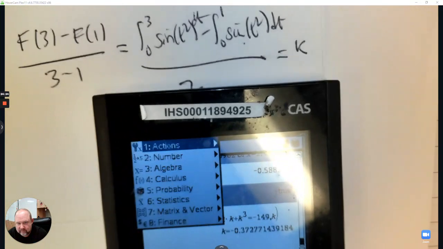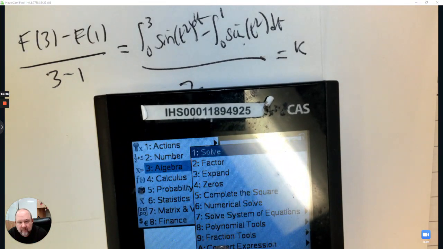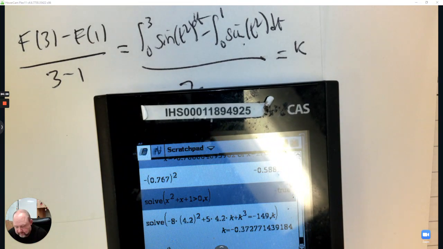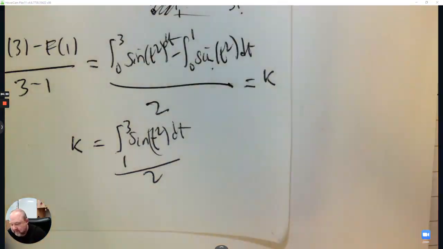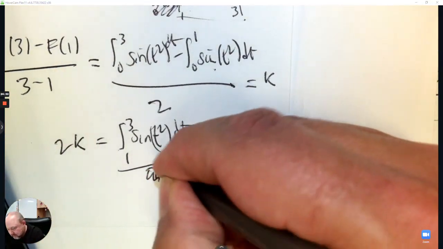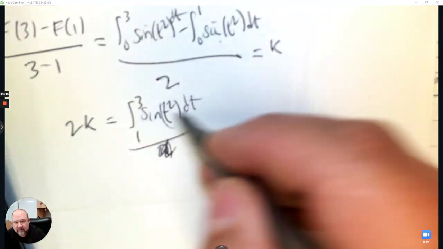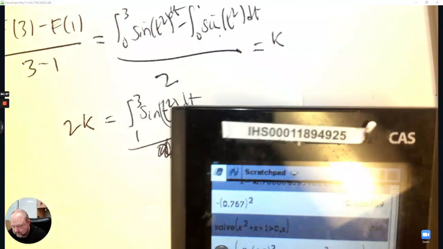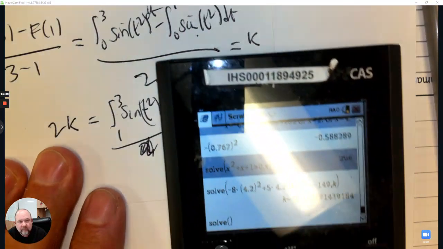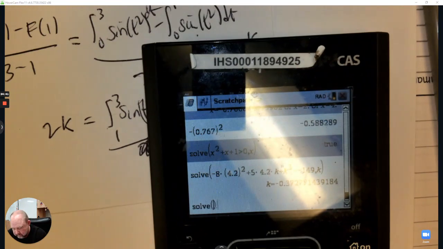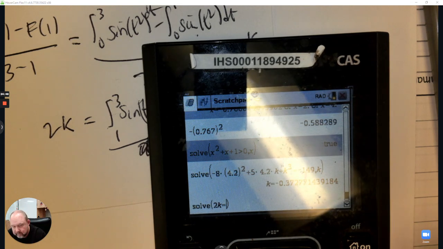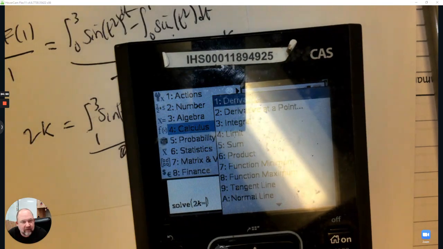So we're going to go menu, solve, algebra solve, and ultimately we're just going to multiply it times 2 right now, so that this is by itself. Menu, calculus, integrate.